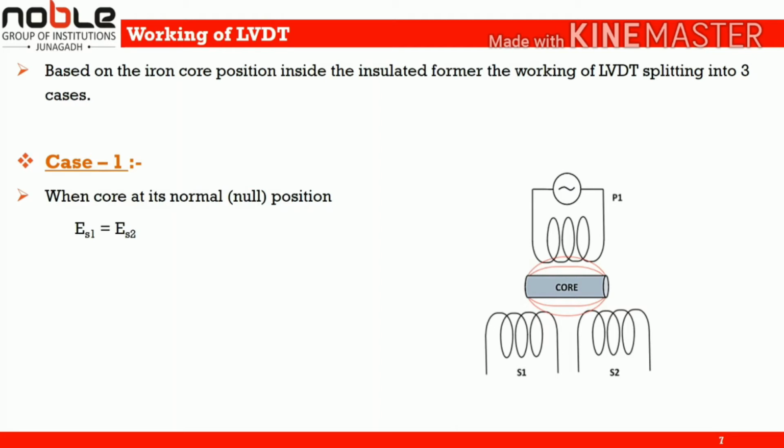So ES1 is equal to ES2, because the flux linkage with both secondary windings is equal, so both produce the same voltage. As the secondary windings have a differential connection, the output voltage E0 is equal to ES1 minus ES2. For this case ES1 is equal to ES2, so E0 is equal to 0.